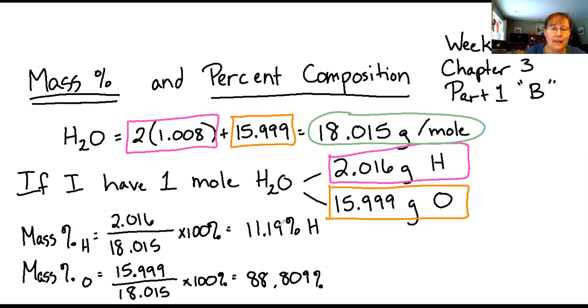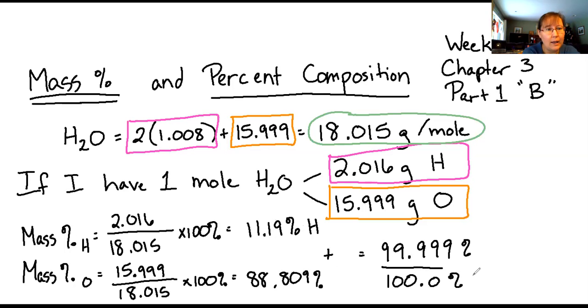And I see that if I add these together, 88.809 plus 11.19, what I get is 99.999%. But I can only have 4 significant figures, so this rounds to a nice, even, tidy 100%. Okay? And so the mass percents of each element have to add to 100.